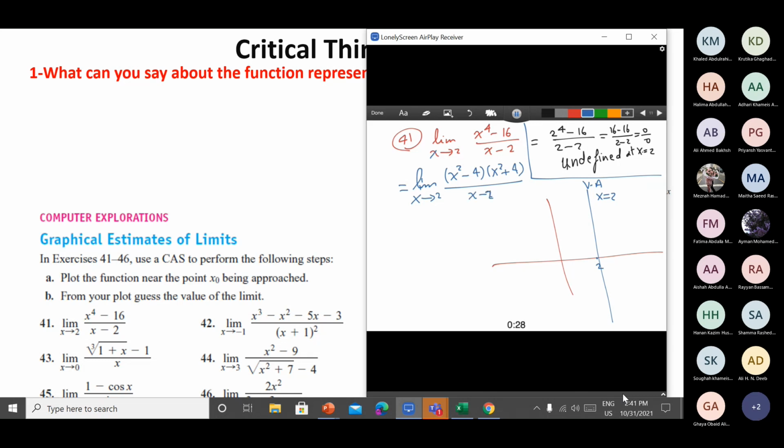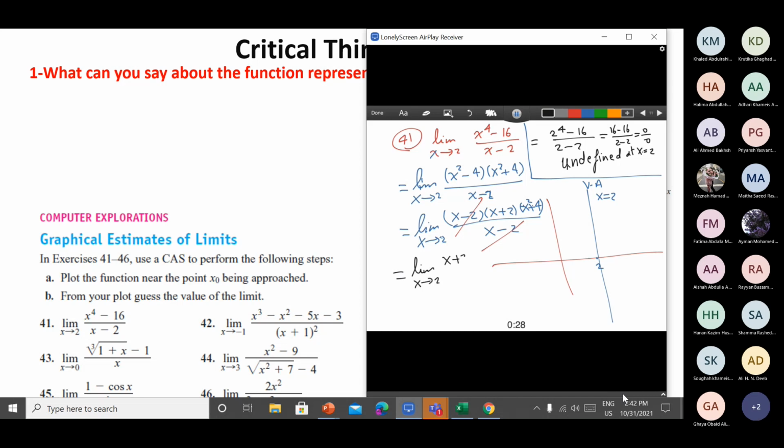You still have this one to factorize. So limit when x tends to 2: x minus 2, x plus 2, and x squared plus 4 over x minus 2. I'm happy when I cancel out these two together, because once I cancel out this one, I get rid of the undefined value.